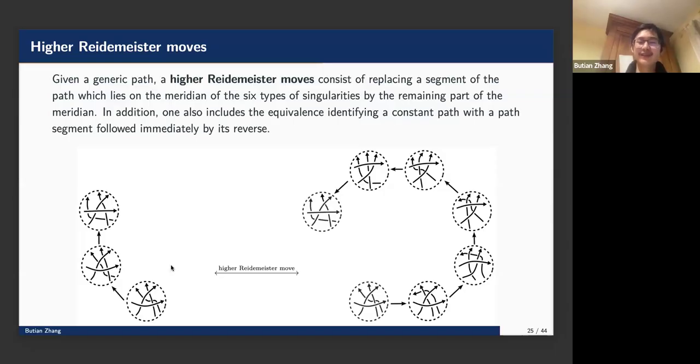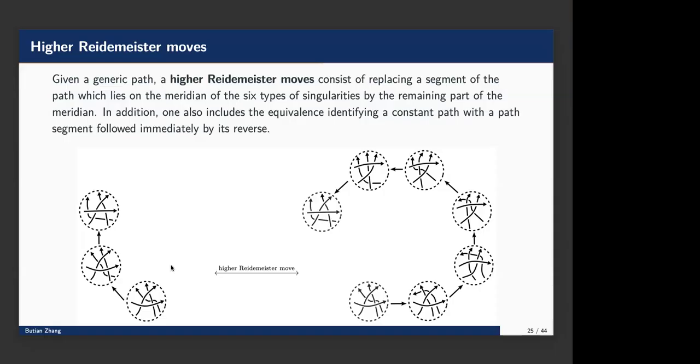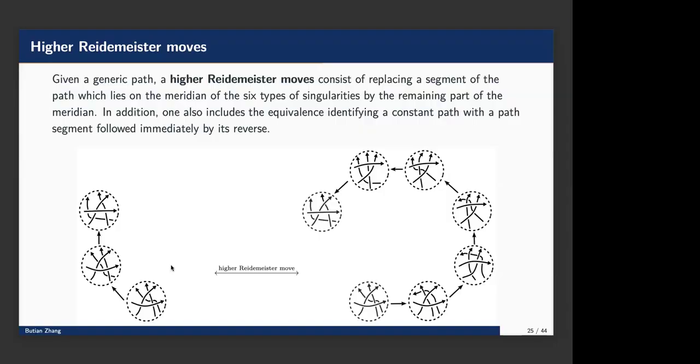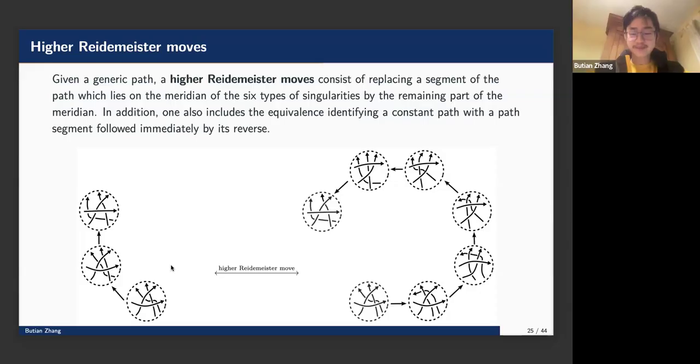But movie moves, since they are for two embedded surfaces, have more singularities, especially with the birth, death, or saddle points. So our higher Reidemeister moves are actually just a strict subset of the movie moves. Understood. Thank you very much.